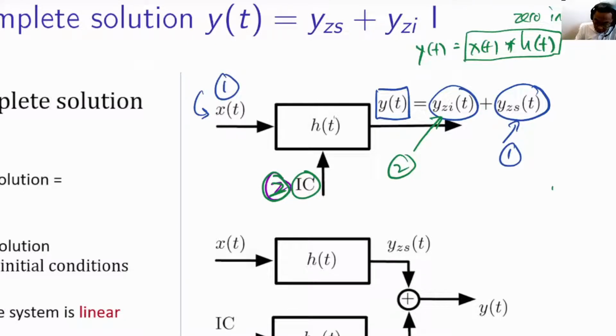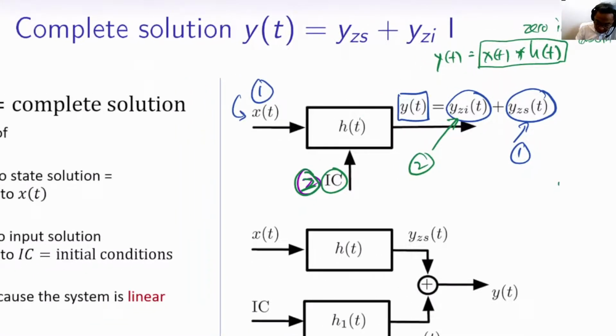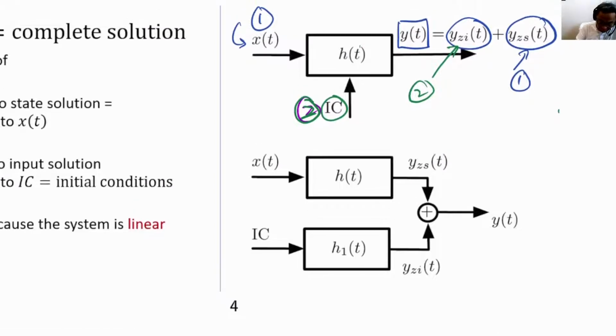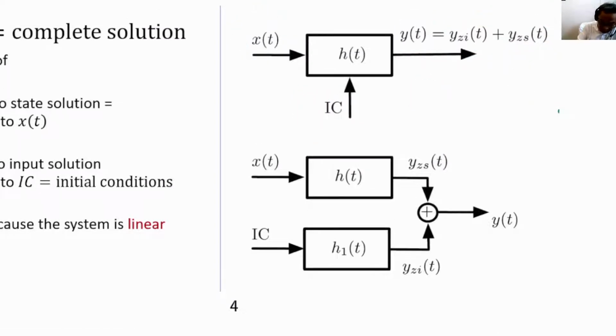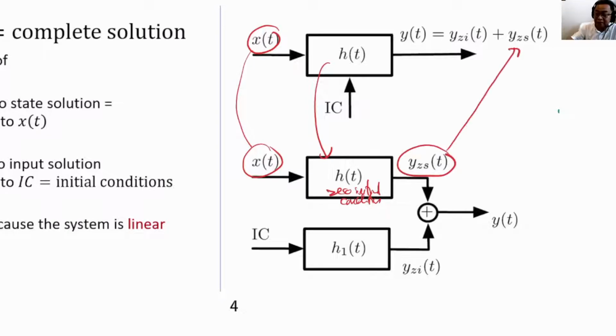Now let's graphically see how we can break the system into two. For the input x of t, we have an exact copy, and now there is zero initial condition for the system. h of t is completely relaxed, and out comes this one, zero state.